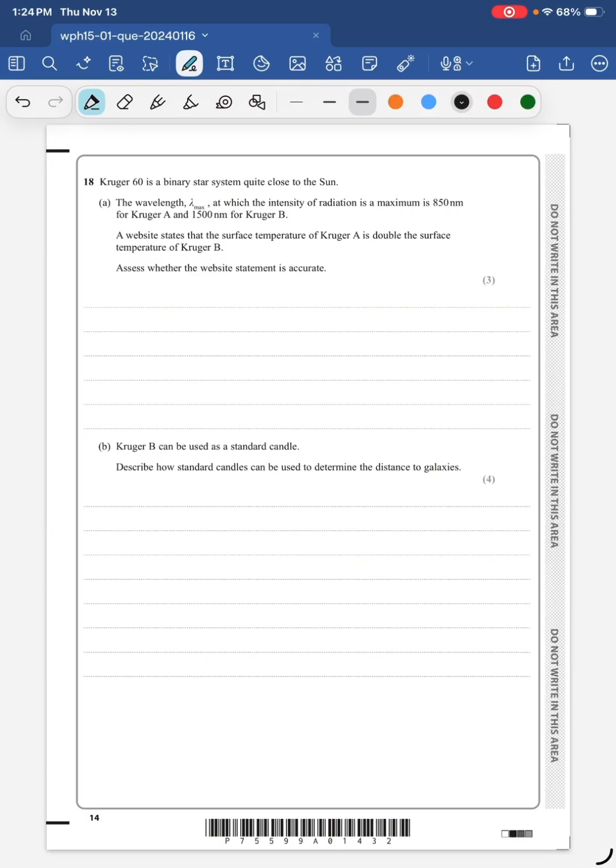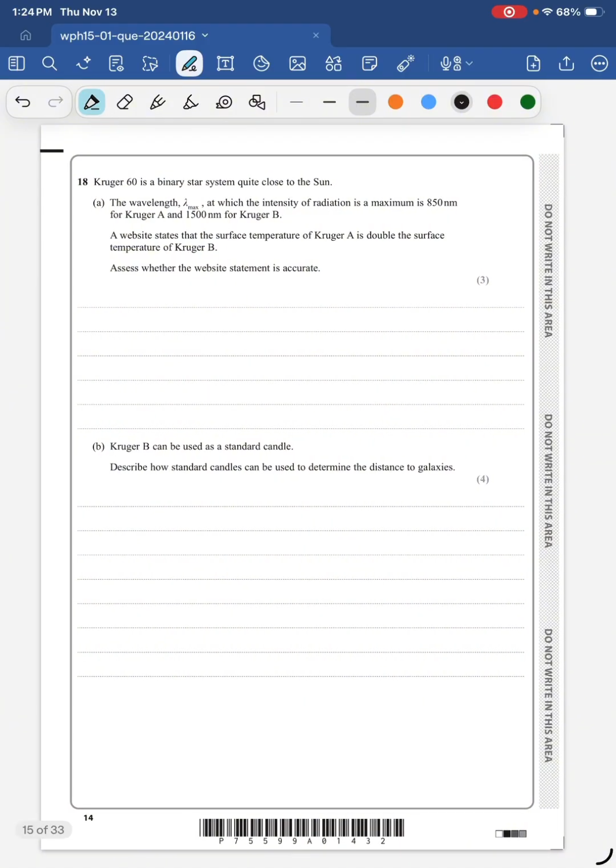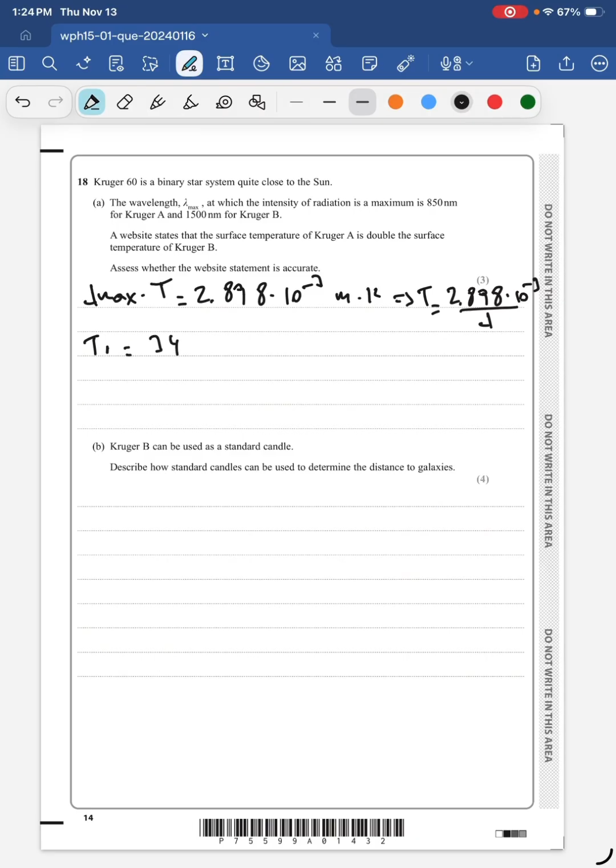Okay, so we have to think of Wien's law here, because Wien's law tells us that the maximum wavelength times the surface temperature of a star is 2.898 times 10 to the negative 3 meters Kelvin. So we can solve for temperature: T is 2.898 times 10 to the negative 3 over lambda, okay? So for the first star, the temperature will be 3409.4 Kelvin.